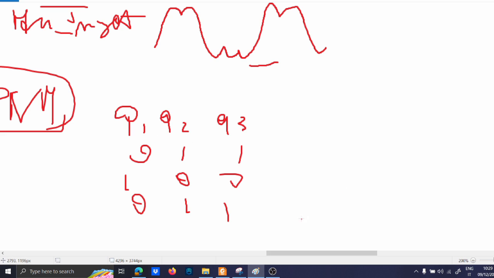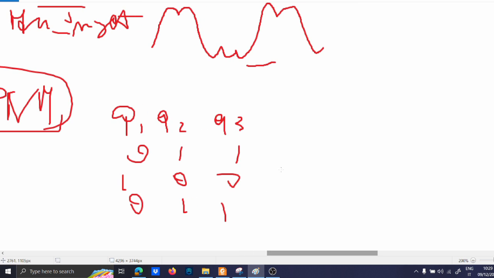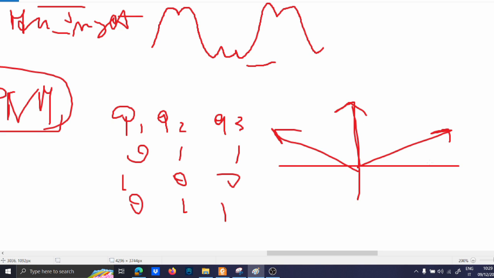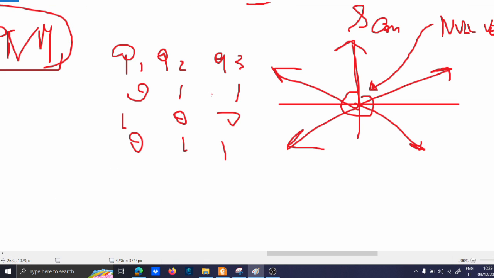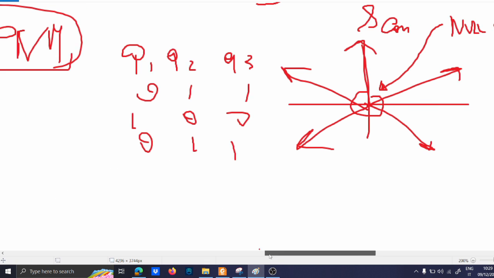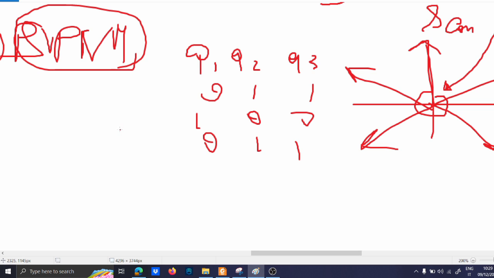And so the concept here is that you can represent the space vector like this. There are 8 combinations, and two of these are called null vector states, and each 0 and 1 represents whether the switch is open or closed.